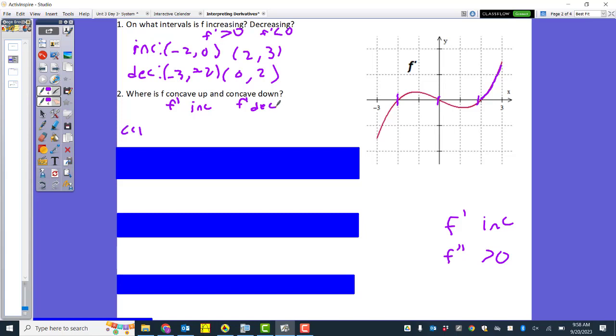So we have concave up when it's increasing. If we look, it's increasing from -3 to -1. And then from, and really I should just erase some of these other marks.